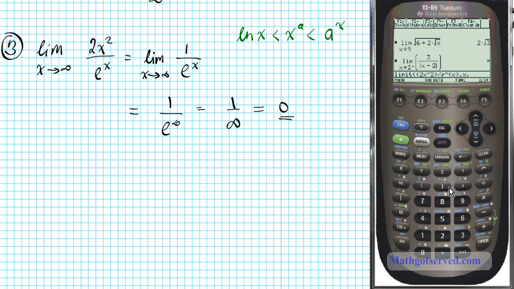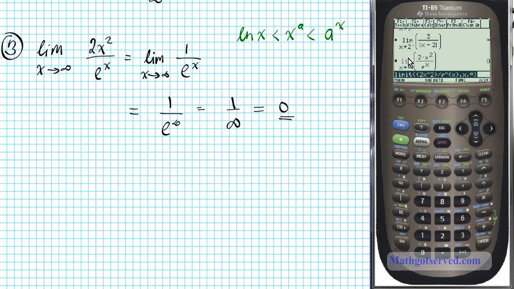The value approaching is infinity, so Diamond, let's see, where is infinity again? Diamond catalog will give you infinity. Close it, enter, and your answer is 0.